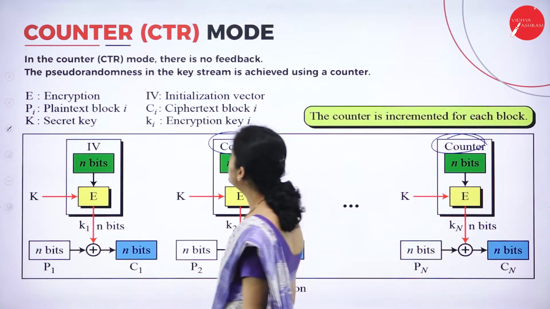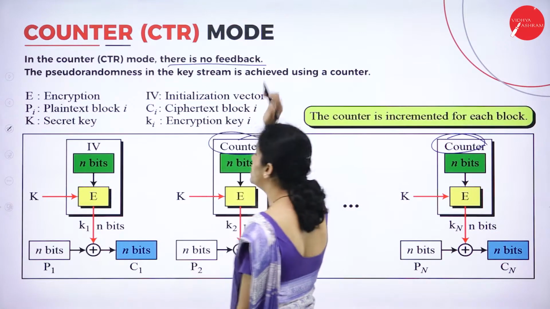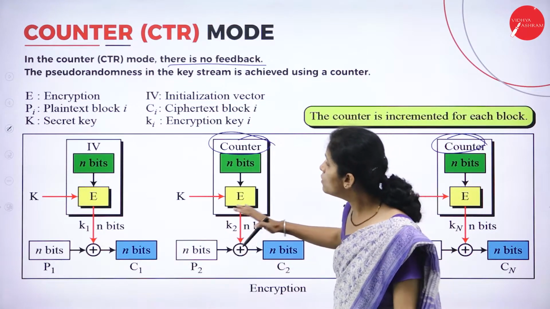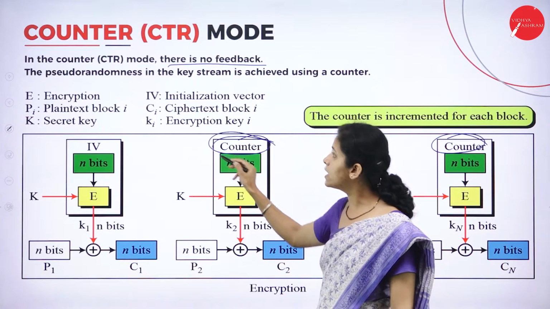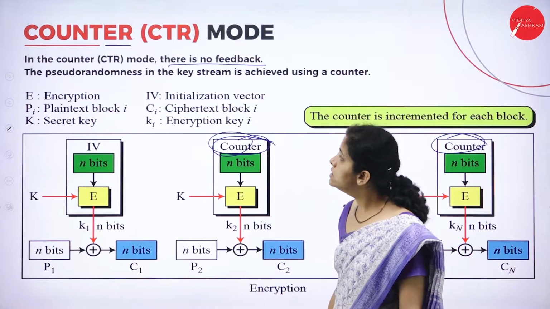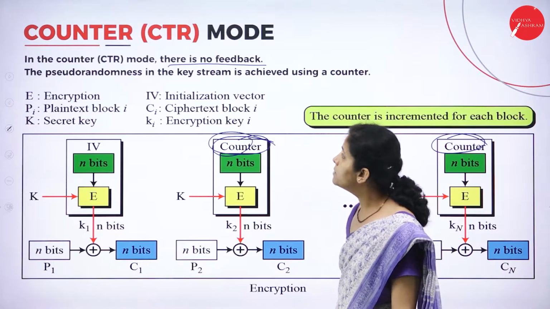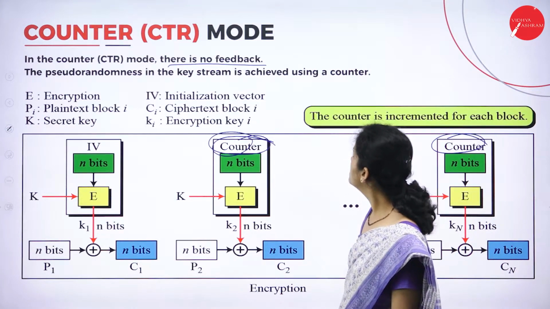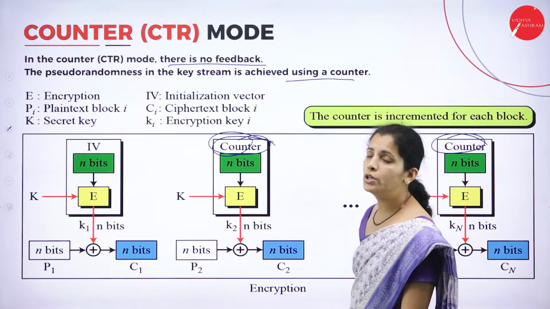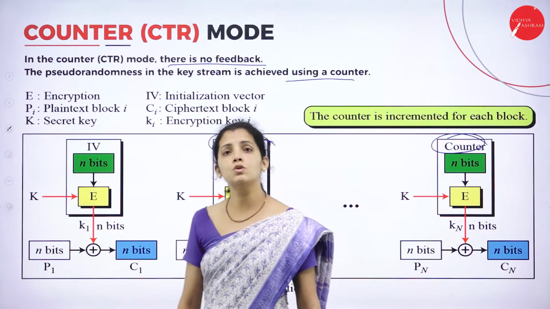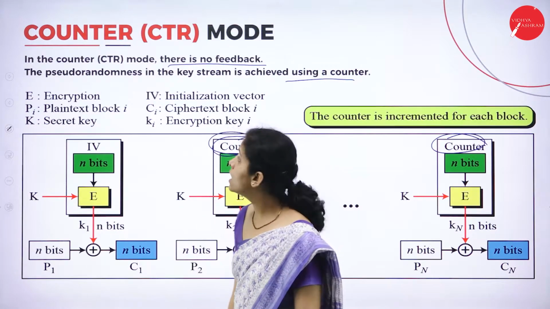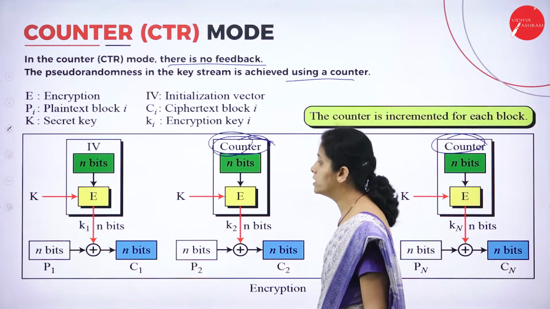In counter mode, there is no feedback. Instead of that, I'm going to use the counter, and this pseudo randomness, the key stream, is achieved using the counter. That means here I'm going to use a pseudo random function in order to achieve the counter.